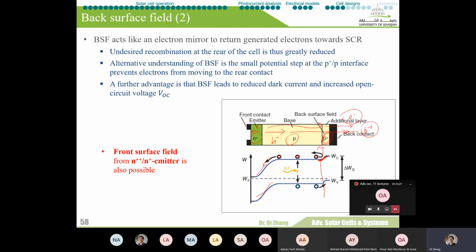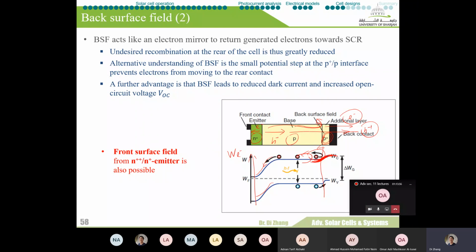So if we insert this additional layer here, we have another slight bending here. And with this slight bending, remember this scale is talking about the electron energy. With this uphill slope, electrons will have the tendency to be turned back in this part. So even if you have electrons wander into this part, they will be rejected by the back surface field.